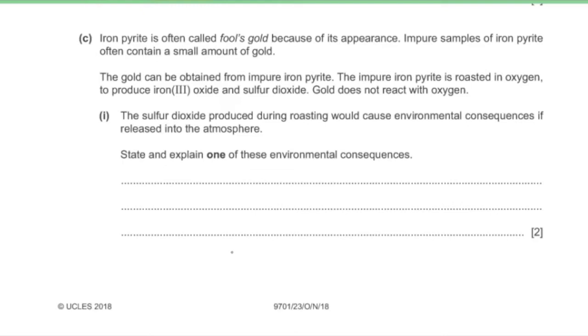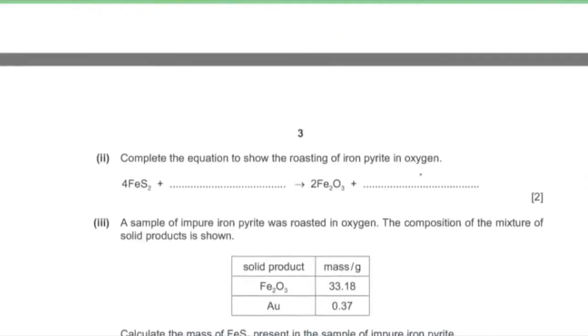So the environmental consequence is that it forms acid rain that damages buildings. Sulfur dioxide turns to sulfur trioxide, which when it reacts with water forms acid rain.